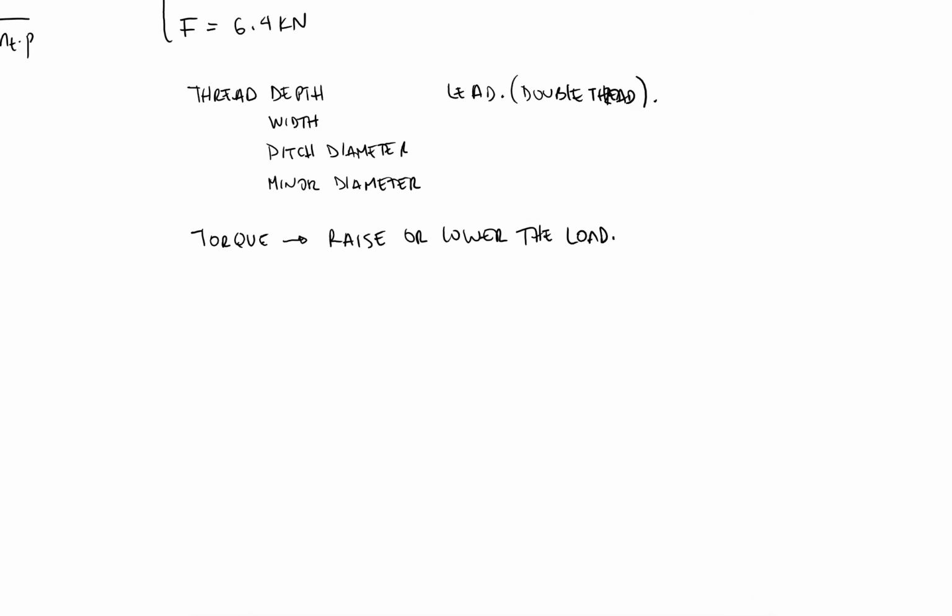So we had an equation for TR, that force going to the right, raising the load, and then TL, which is basically the required torque, from that force that went towards the left, which is the one required to lower the load. So I have those equations, and for TL I had something like F dm over 2, times (pi mu dm minus L) over (pi dm plus mu L).